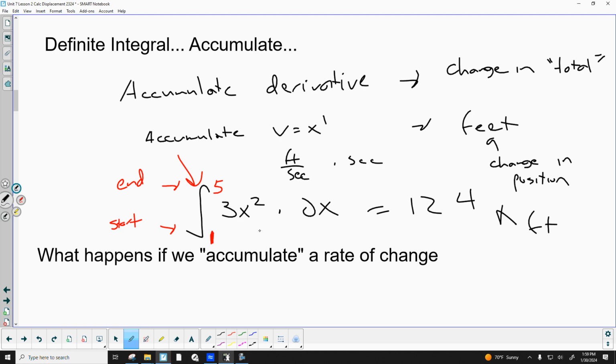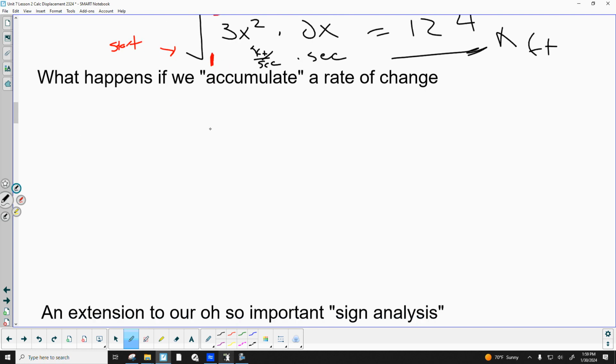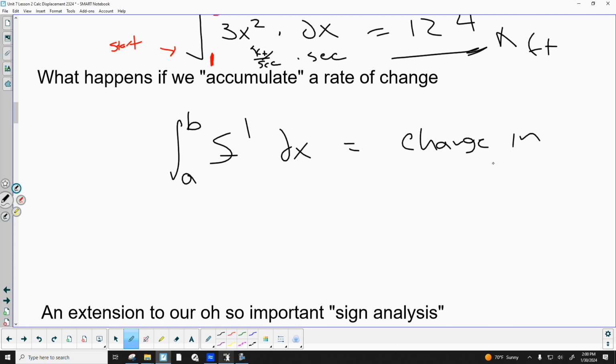If this is feet per second accumulated over these seconds, that's how you're going to get feet. Okay? We will be able to accumulate from a start to an end any derivative. And when you accumulate a derivative, you are going to get a change in whatever you started with.